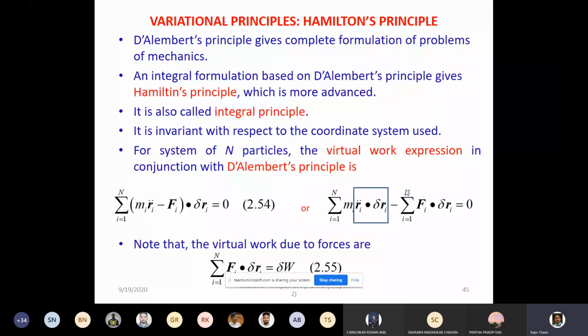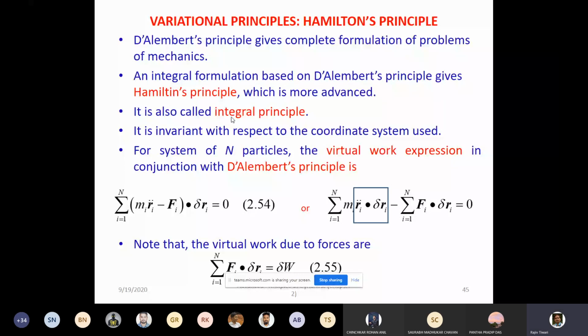in the form of force and displacement is difficult. So Hamilton's principle relies on the energy directly. Now we'll derive Hamilton's principle using the background we have regarding the virtual work expression and D'Alembert's principle. Hamilton is the name of the person who proposed this method, and this is an integral principle, so the equation is in the form of an integral, and we'll derive it.